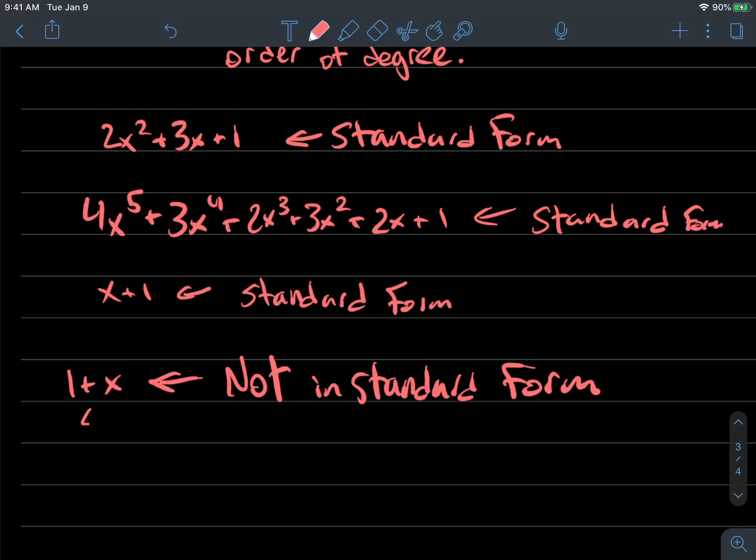Also, if you had x squared plus x cubed, not in standard form. Basically, if you're not going from highest power to lowest, you're doing it wrong.